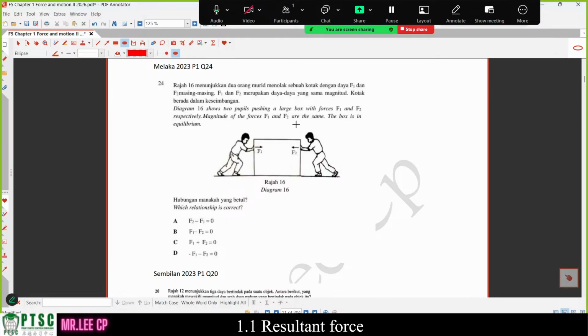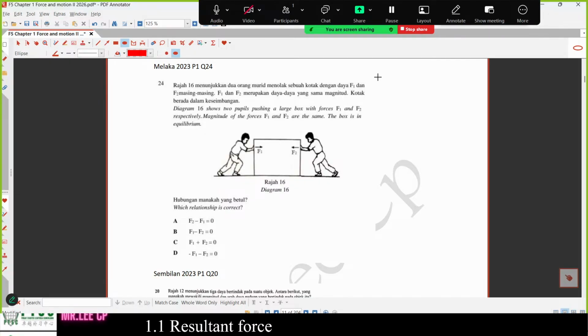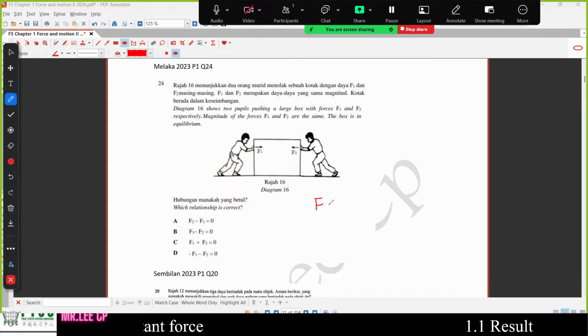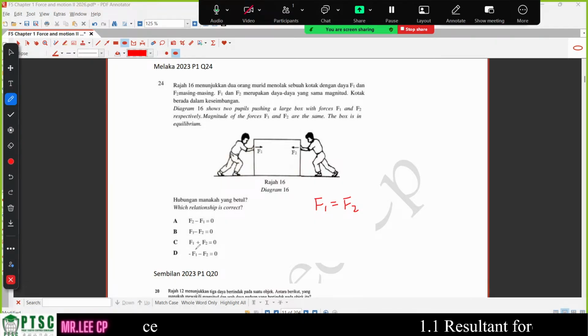The magnitudes of force 1 and force 2 are the same. The box is in equilibrium. So F1 and F2 are the same. Meaning that F1 is going to the right, F2 is going to the left. F1 is equal to F2.